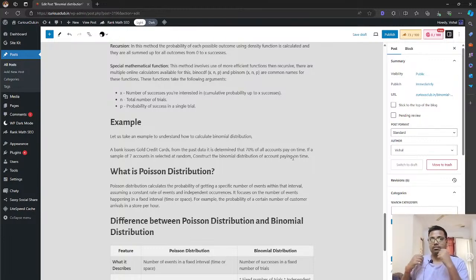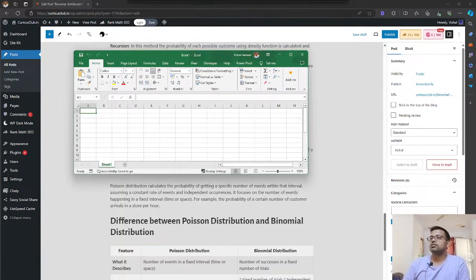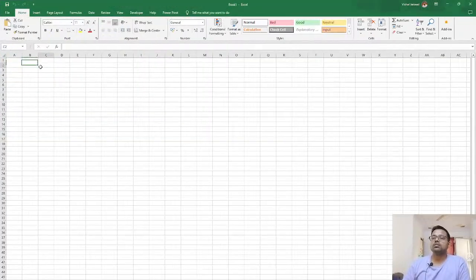I'll use Excel here. X means the number of successes or failures we want. In this case, we are going to 7.